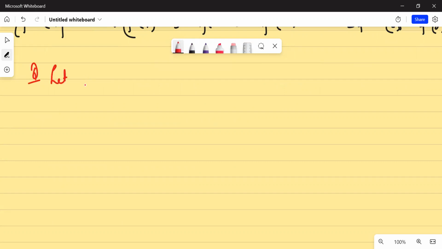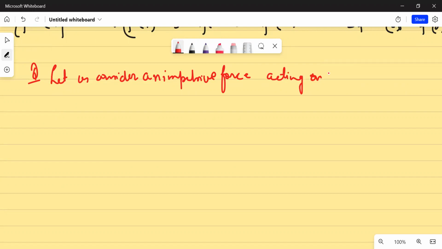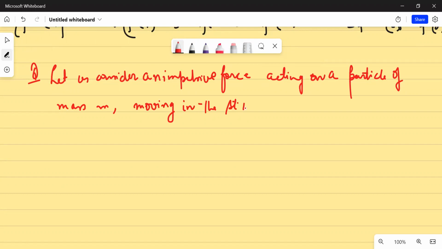Let us consider an impulsive force acting on a particle of mass m moving in a straight line along the x-axis.